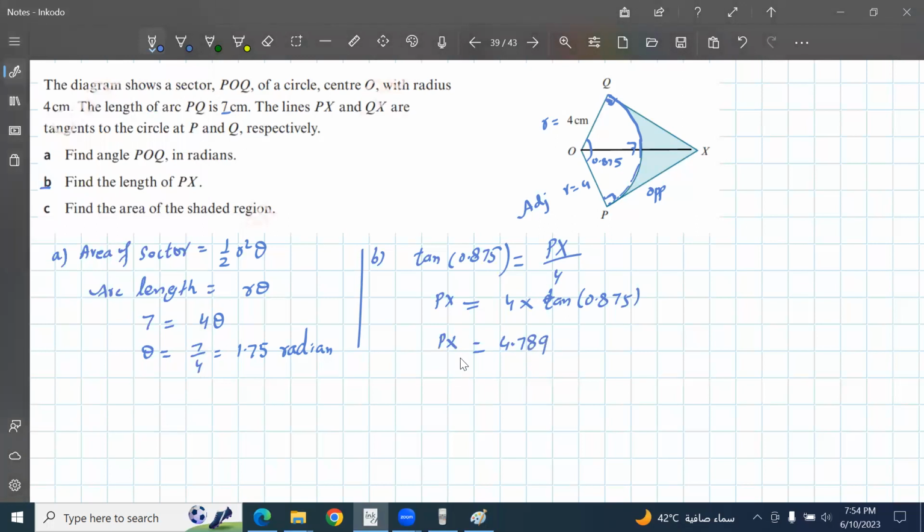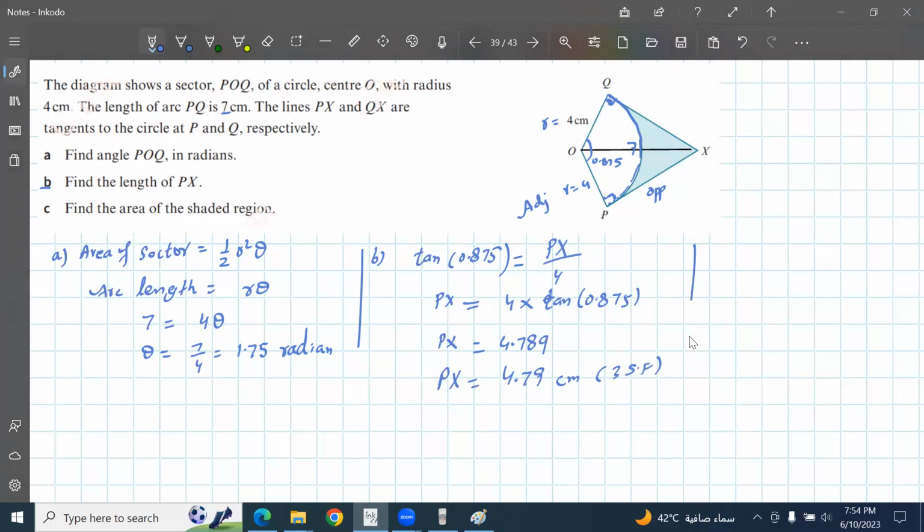So if we write three significant figures, PX is equal to 4.79. It is in centimeters, and three significant figures.